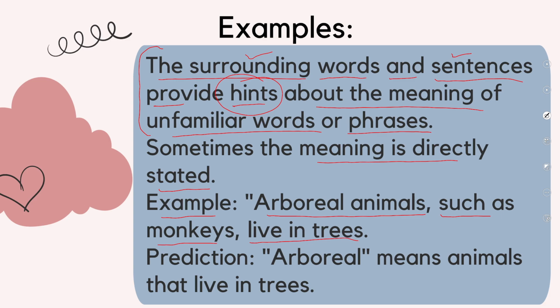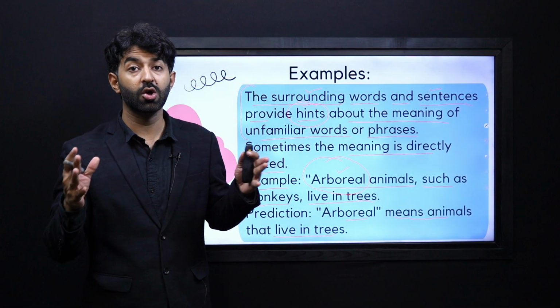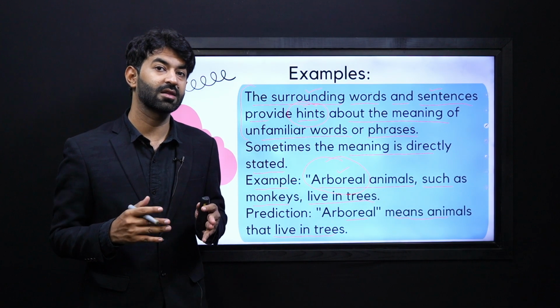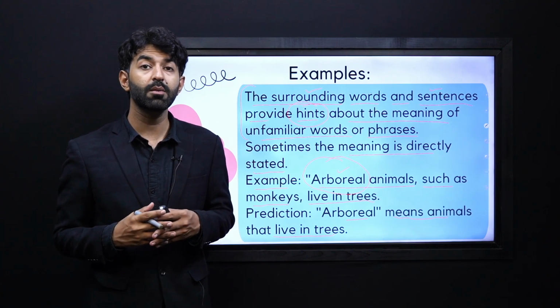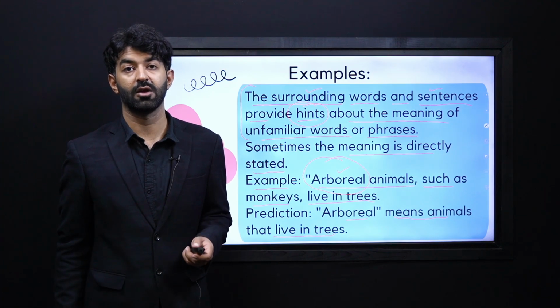Now, how do we understand the word arboreal if it is not known by us and this is something new? We would predict that arboreal means animals that live in trees. This word is actually clearing itself by using the whole context. Now we understand that arboreal animals are animals that live in trees. It is very much clear and evident from the sentence itself.